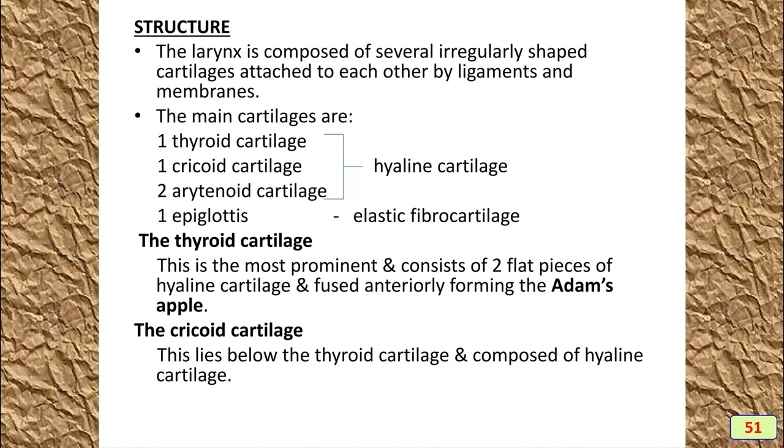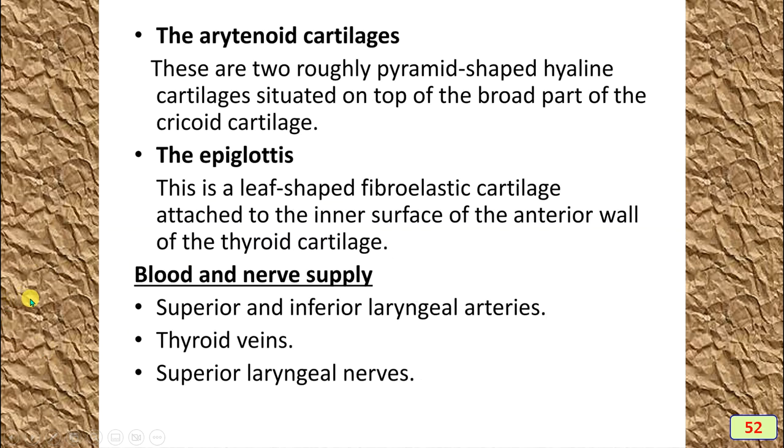Then there are a lot of cartilaginous structures, and the cartilage is divided into hyaline cartilage and also elastic cartilage. These cartilages are also divided as thyroid cartilage and cricoid cartilage.